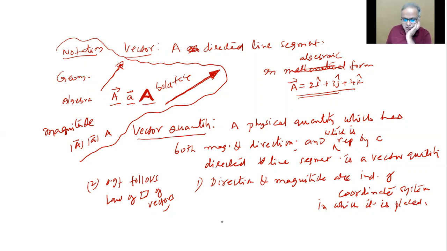Velocity means velocity. Whether you put it here or there, it should not matter. So scientists will try to find those physical quantities which are invariant under many transformations. You can move them linearly, you can rotate them, you can do many things, but the vector's nature should not change because it's a physical quantity. It cannot change.